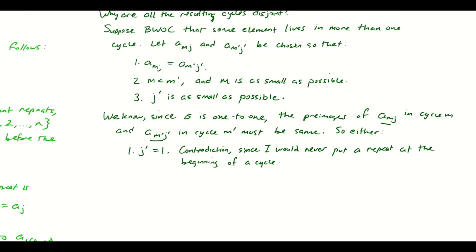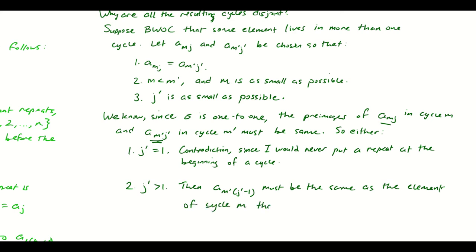But that also is going to create a problem. Because then I know that a_{m',j'-1}, that is the element before this one, must be the same as the element of cycle m that gets sent to a_{m,j}.